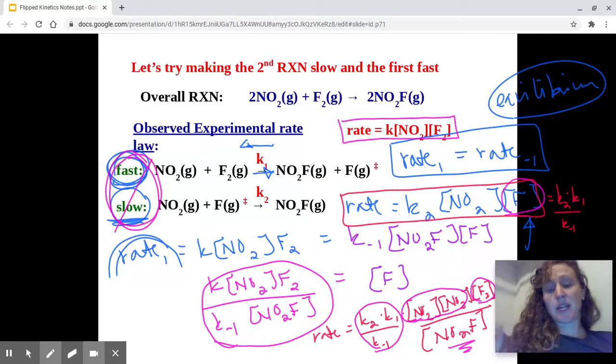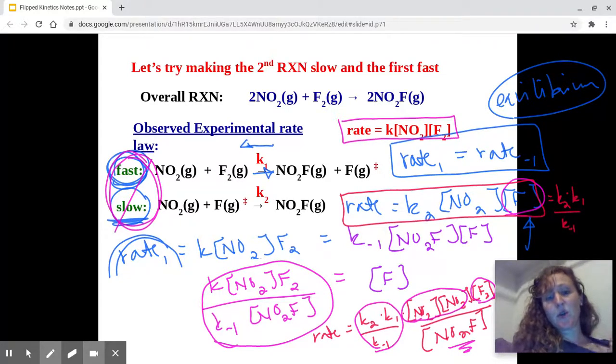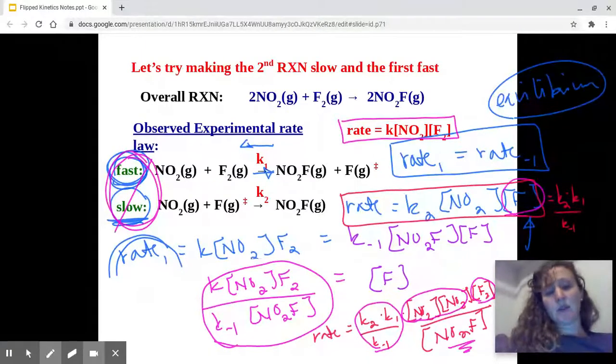It was only this complicated because we ended up with an intermediate in the rate law that we had to get rid of. So we'll go through this again. We'll take a look at a couple different mechanisms and evaluate, are they possible or not possible? And then we'll go through this again too. What do you do if you have to get an intermediate out of the rate law?